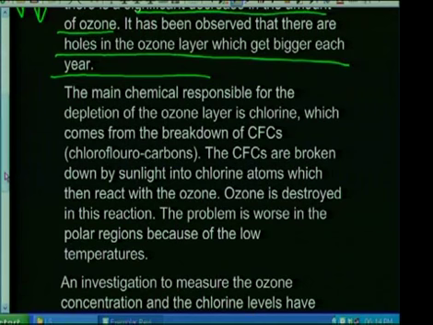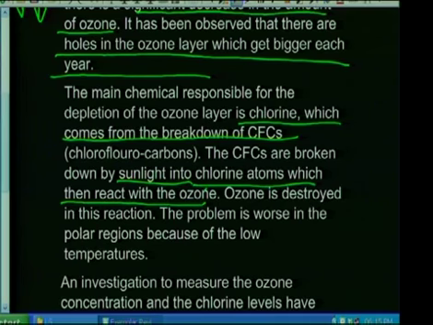The main chemical responsible for the depletion of the ozone layer is chlorine, which comes from the breakdown of CFCs, or chlorofluorocarbons. The CFCs are broken down by sunlight into chlorine atoms, which then react with the ozone. Ozone is then destroyed in this reaction.